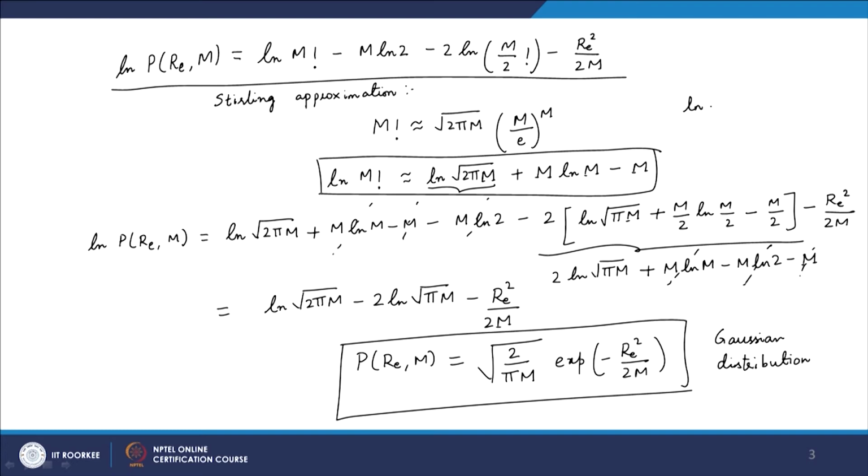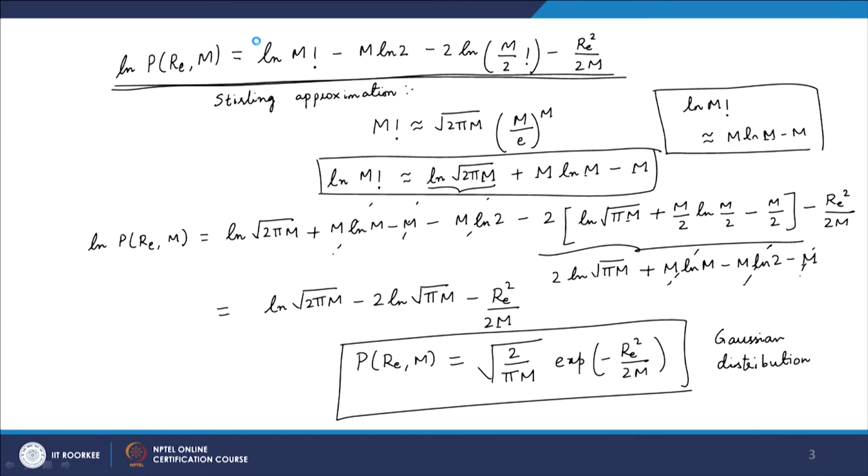So, in many texts you will find the Stirling approximation written something like this. And we can again put the same expression in the equation we had from the last class, and see that we will go back to the same equation that we have derived. So, let us try that.